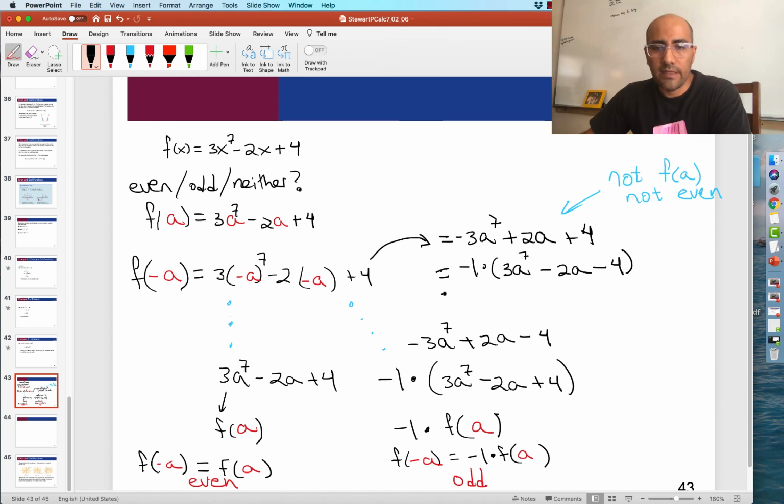And we notice that this also does not equal negative 1 times f of a, because this thing in here is also not equal to f of a. Again, we're very close.